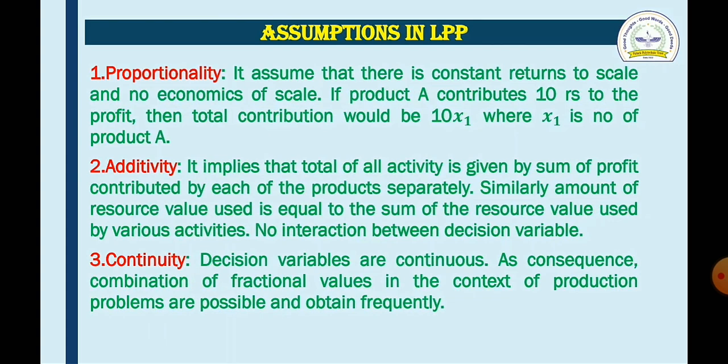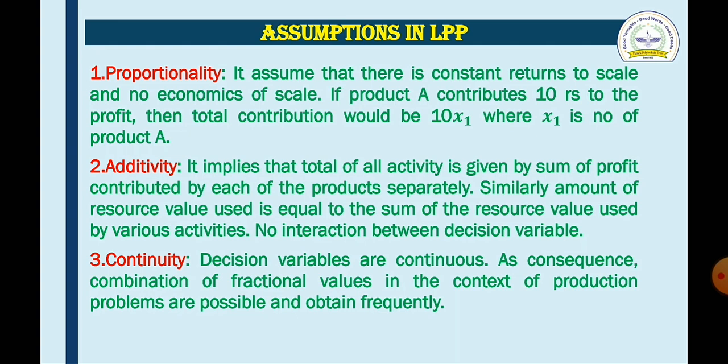Now we see some assumptions in linear programming problems. Number 1, proportionality. It assumes that there are constant returns to scale and no economies of scale. If a unit of product A contributes 10 rupees profit, then the total contribution will be 10x1, where x1 is the number of units of product A. It is generally understood that as the production of a product increases, the cost of the particular product decreases.